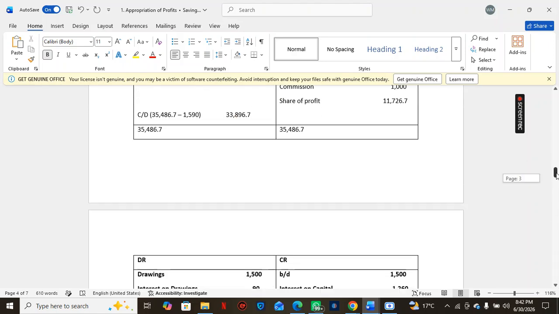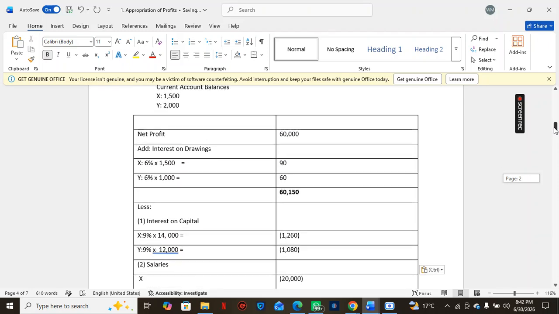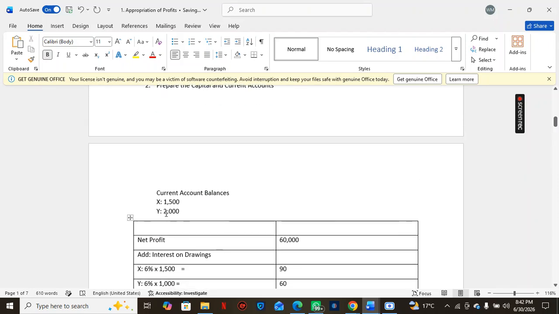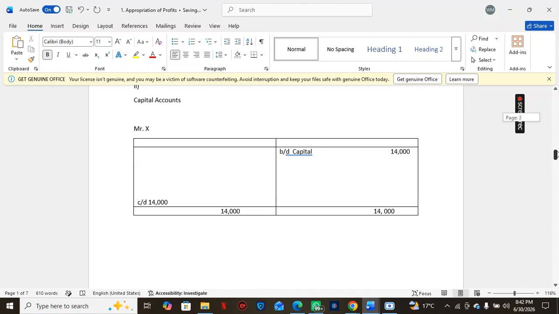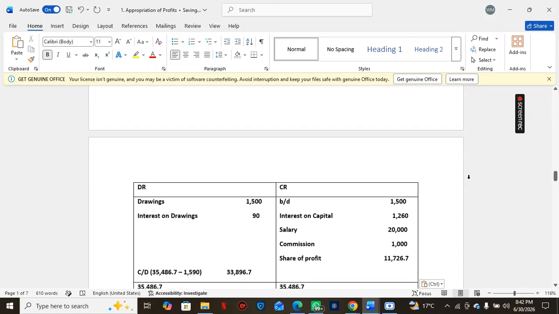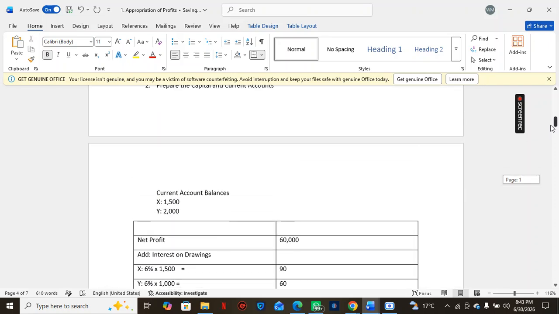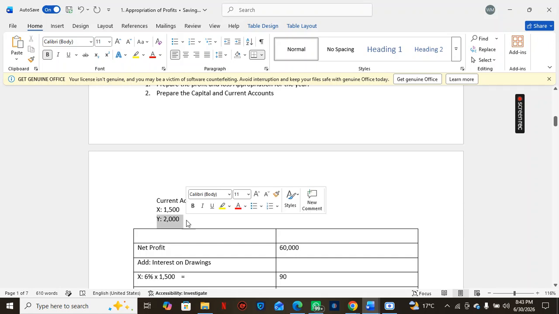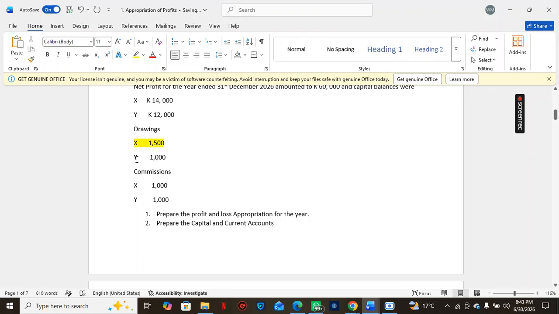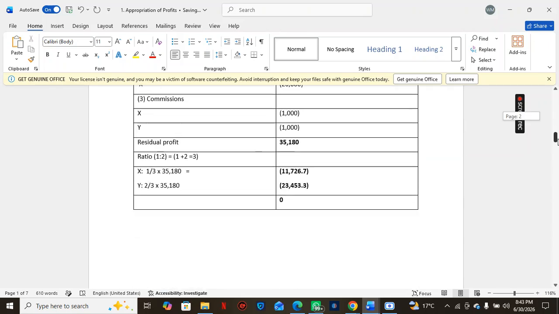Okay, so Mr. Y, current account balance 2,000, so it's on the credit side. Drawings, Mr. Y, 1,000. That goes on the debit side.